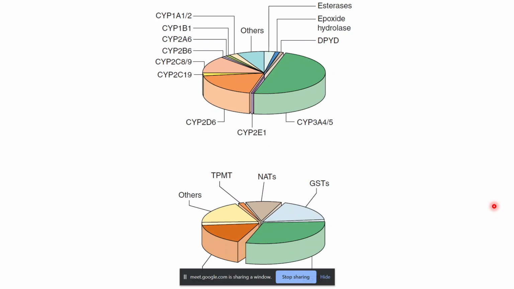The phase 2 reactions undergo the conjugation reaction, and most of the time the conjugates are polar molecules, and they are readily eliminated by the kidney and usually are inactive.